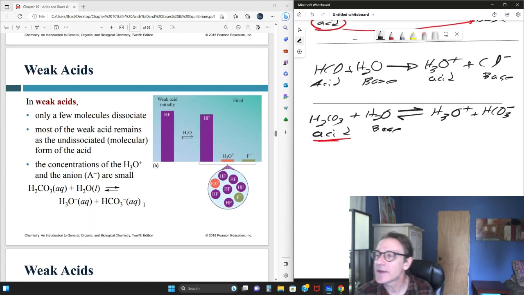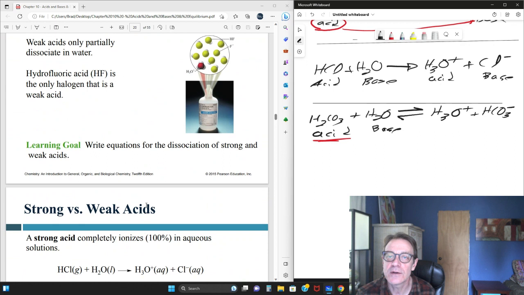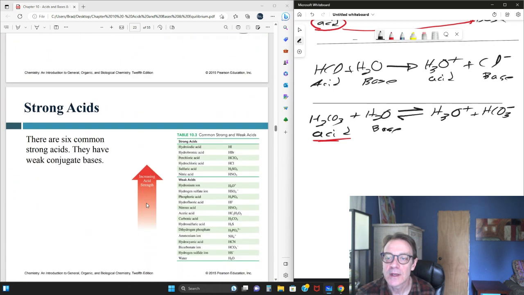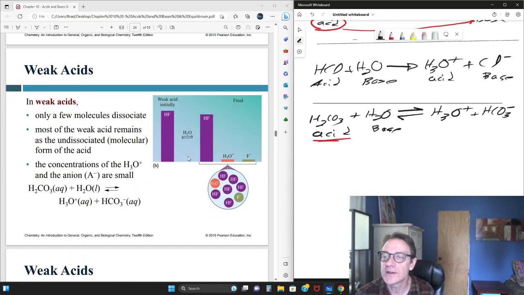And then weak acids, we looked at hydrogen fluoride when we looked at the relative strength. I think we started off with hydrogen fluoride. Yep, hydrogen fluoride right here. You can see these are in equilibrium right here. There is just slightly more of the hydronium ion formed, and most of it has stayed as hydrogen fluoride.